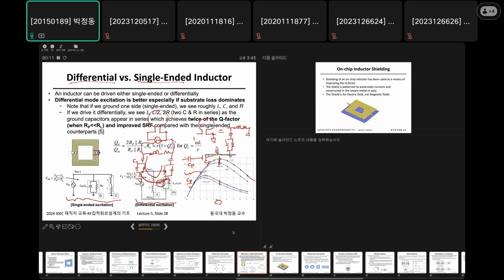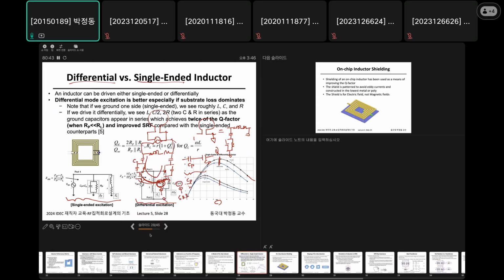Okay, why is that? Because you improve the RP twice, effective parasitic resistor twice, right? Because it is connected together, right? And you make a CP almost a half. Therefore, you improve Q. Therefore, you improve self-resonance frequency.